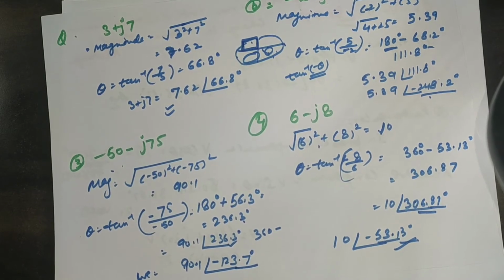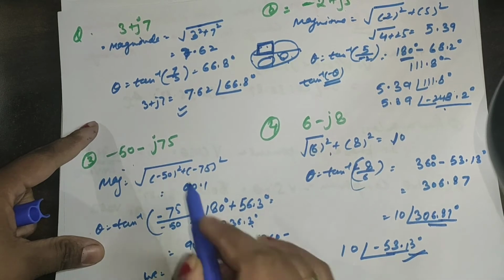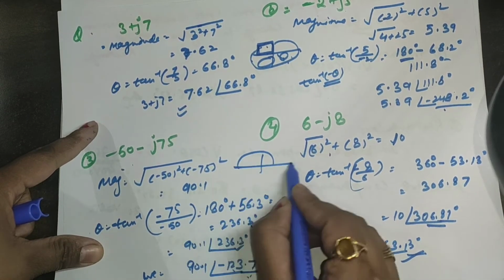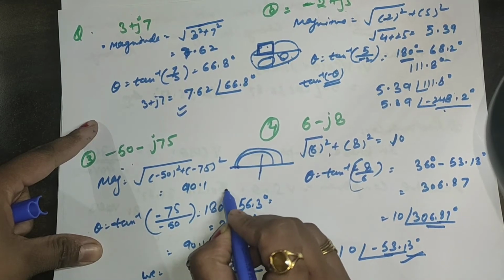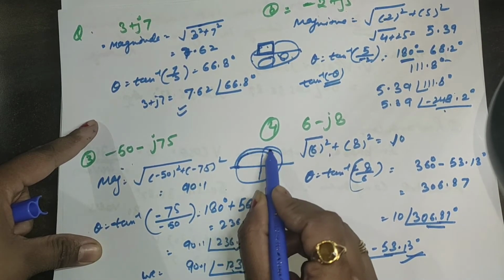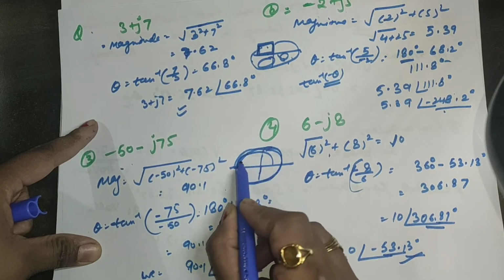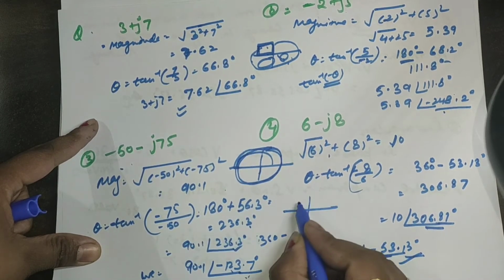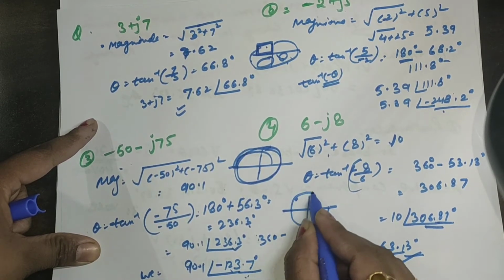I hope it is clear now why we are getting two values here. If we are taking anti-clockwise, because it is the fourth quadrant, we will get 180 degree minus. If we are taking the clockwise direction, this takes one complete cycle, because if we want to go there from here, we have to take one complete cycle like this.